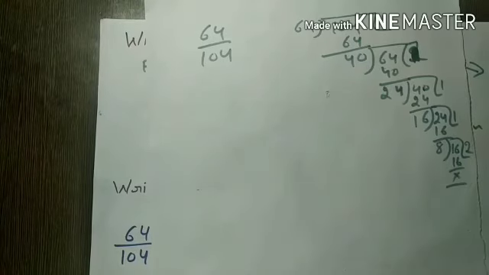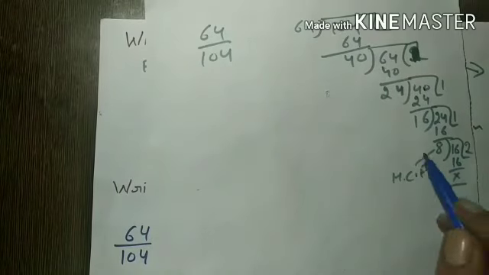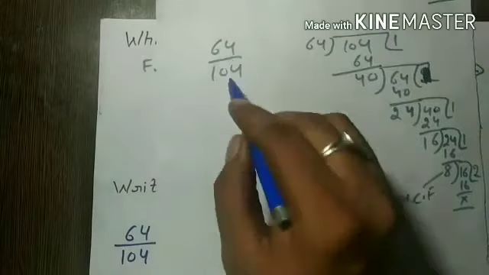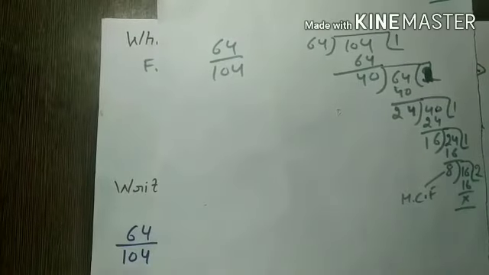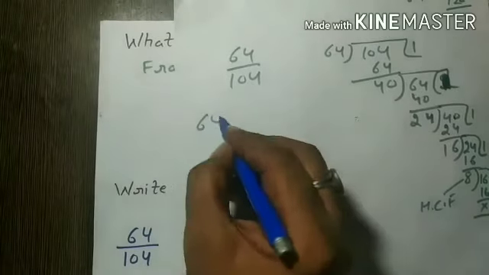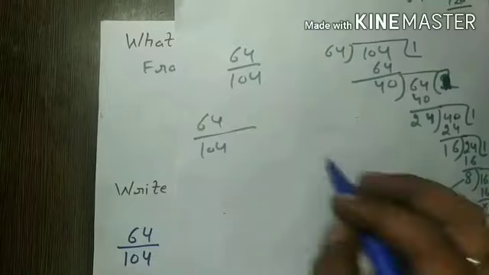Now understand student, this is the HCF. The HCF of 64 and 104 is 8. Okay student, now what you have to do? You have to divide both numerator and denominator by 8.